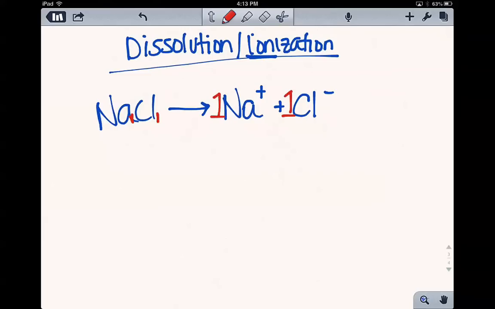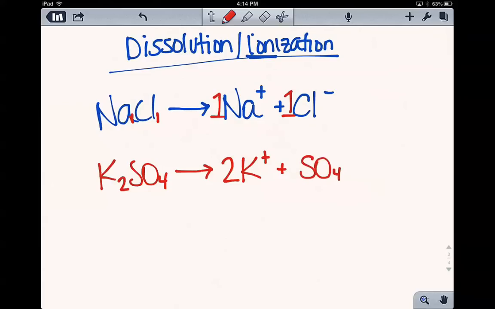Well, what would we do if we had some subscripts in the formula? So let's say we had potassium sulfate. And potassium sulfate has the formula of K2SO4. Well, this is going to dissolve or ionize into 2 potassium ions and 1 sulfate ion.